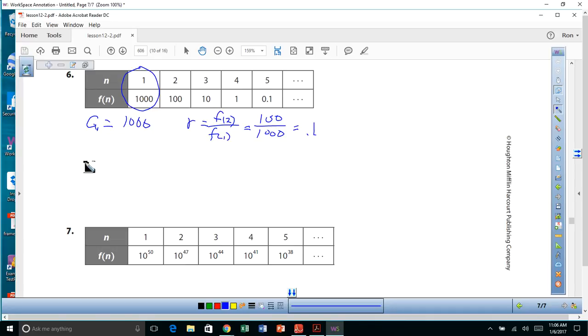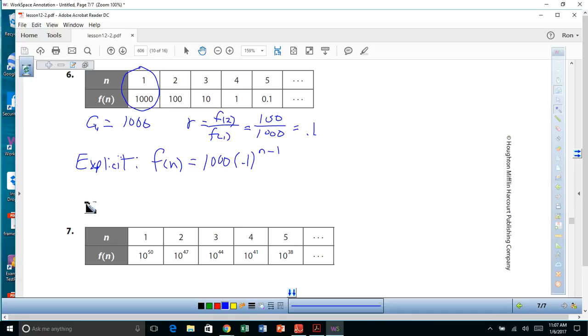Well, that's going to make the explicit formula just a tad different. So you're going to have f of n equals a, which is 1,000, times r, which is 0.1, to the n minus 1. We're going to move it to the right one.